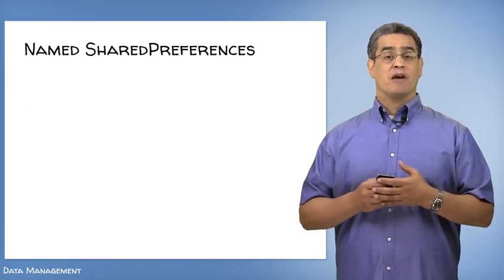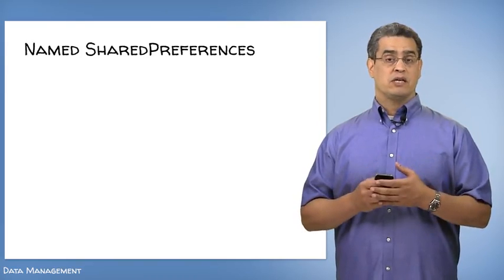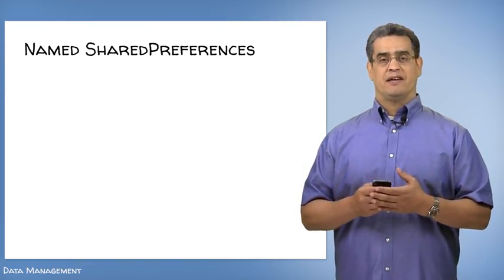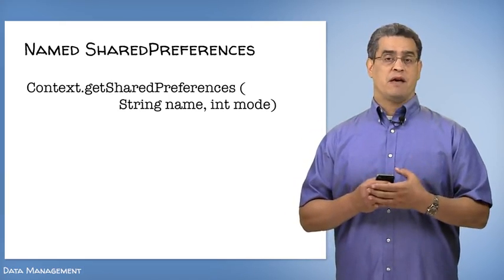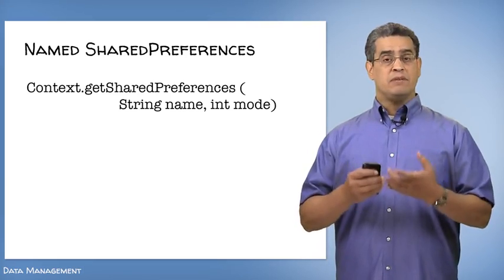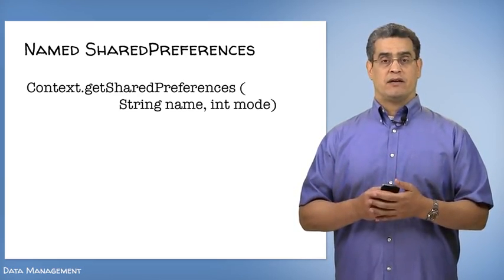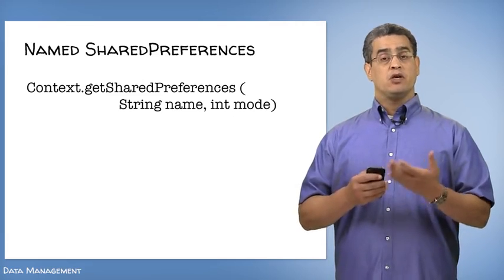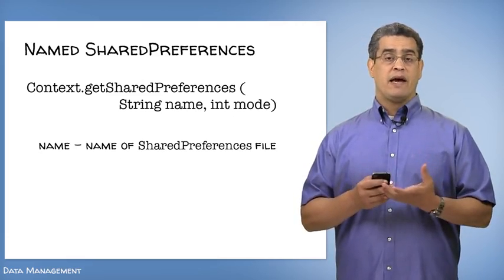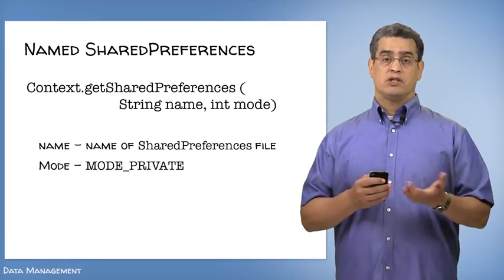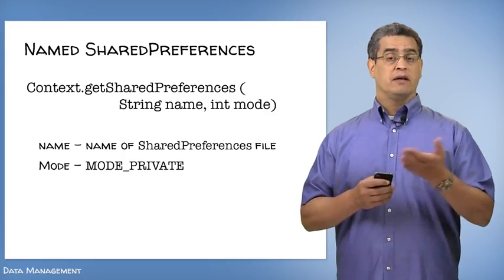If you want a shared preferences object that is not associated with a specific activity, then you can use the context.getSharedPreferences method to retrieve a named shared preferences object. And with this method, you pass in a name for the shared preferences object, and you pass in an access mode, such as the mode_private that we saw earlier.